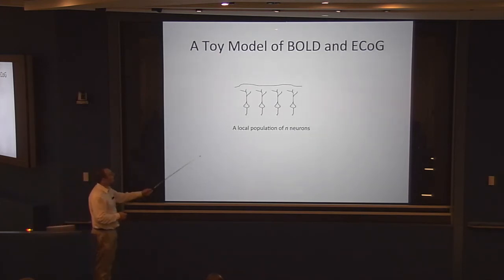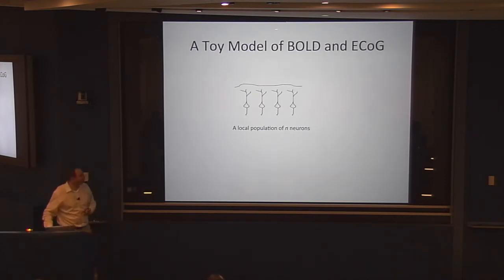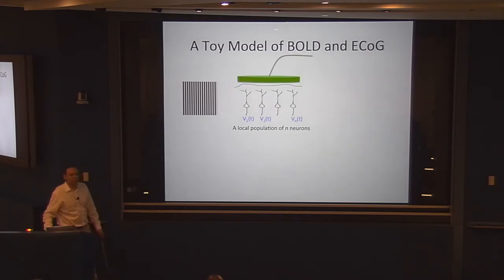And so I'm going to assume that we have a population of n neurons. And we show the subject who owns those neurons a stimulus. And in each neuron, we measure some time-varying membrane potential in the dendrite. Call it V1 sub t, V2, up to Vn. And now we put an electrode over that bit of cortex, and we measure the summed response.